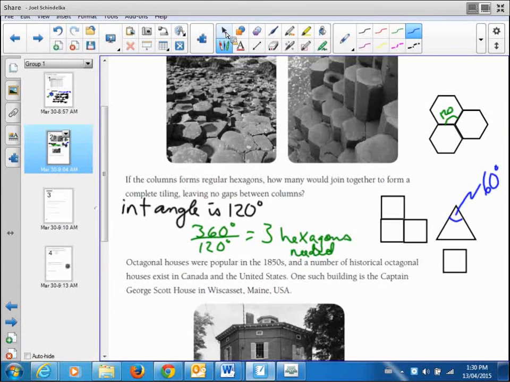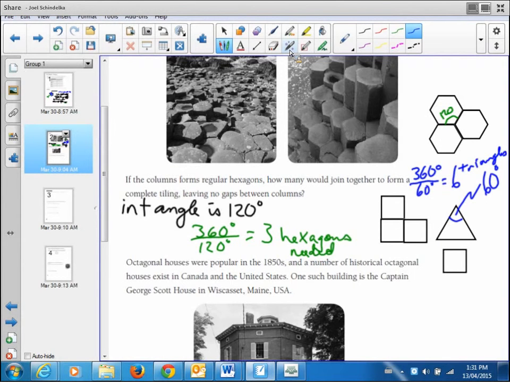How would you find out without drawing that out how many triangles would work together to form a complete tiling? 6. You would say 360 divided by 60 equals 6 triangles for a complete tiling set, right?